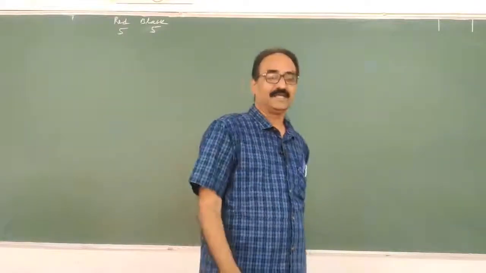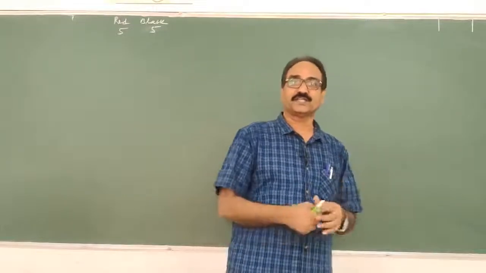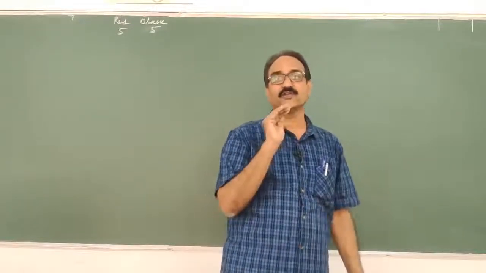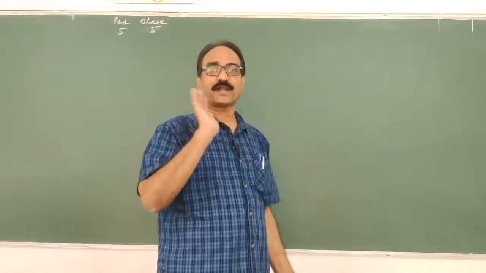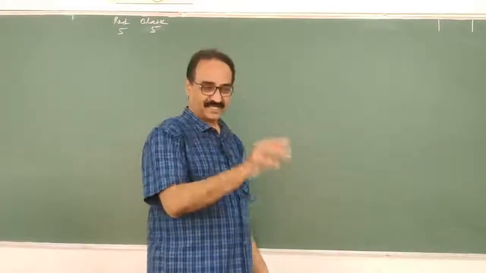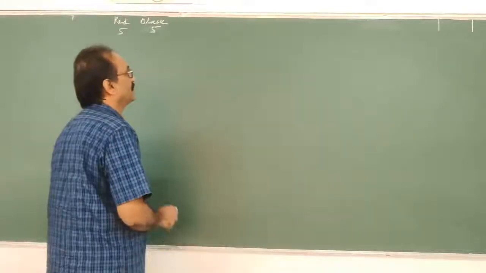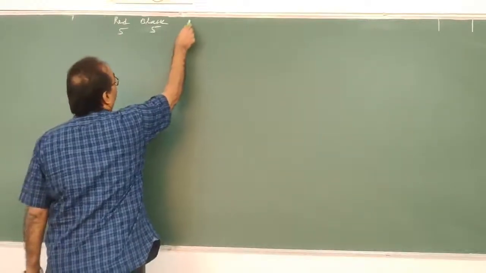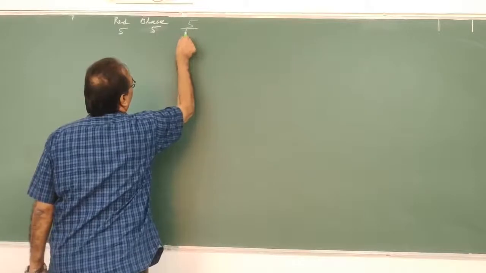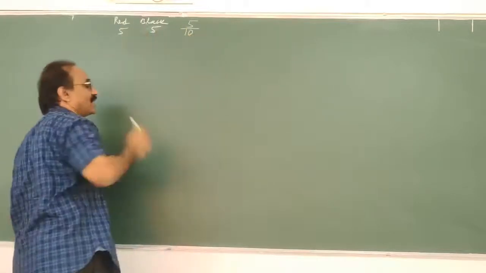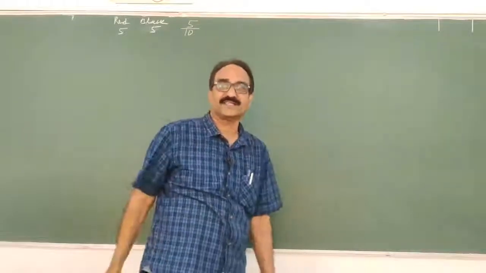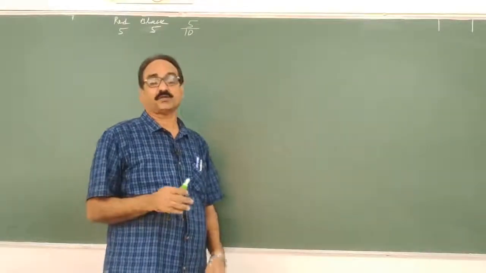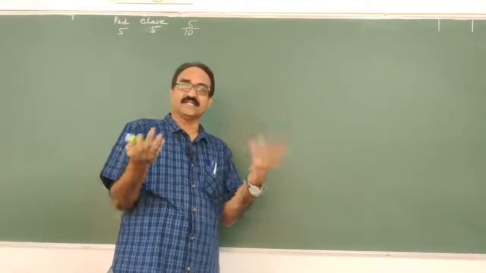Now the question is which ball you have drawn. Suppose I had drawn a red ball the first time, what is the probability of drawing a red ball first time? 5 by 10, 5 C1 by 10 C1, because 5 red balls are there. Out of 5 you can draw 1, total balls are 10, 10 C1.